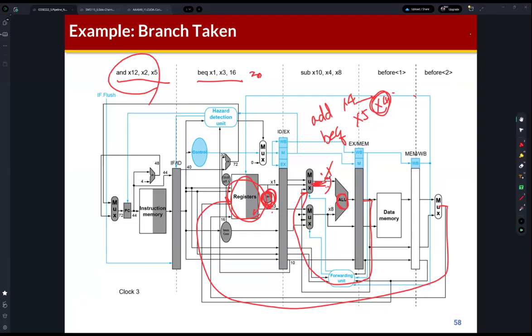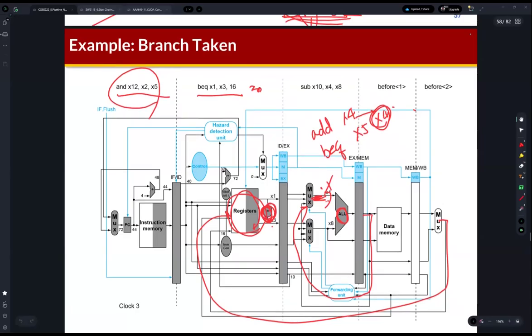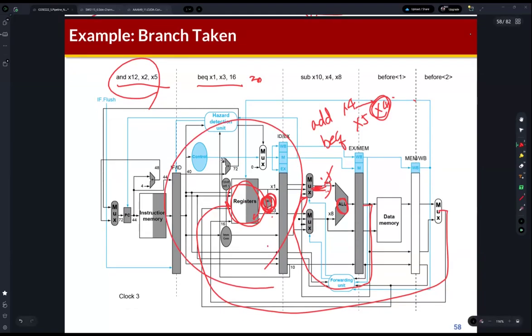So in order to reduce the performance drops by control hazard, we can determine branch instructions earlier. I explained some possible solutions for reducing the control hazard.